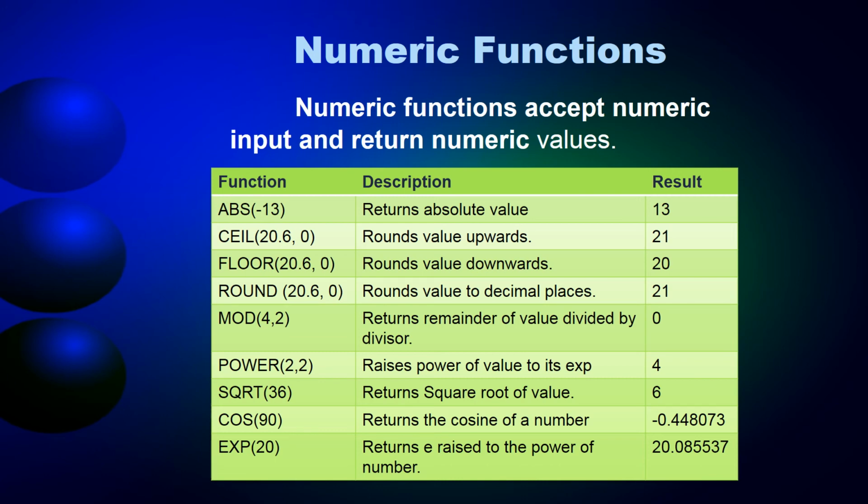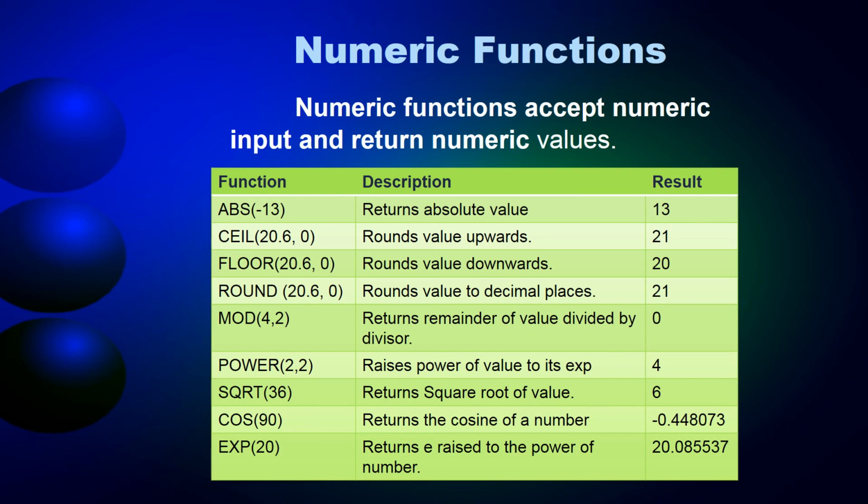MOD of. It will return the remainder of one expression divided by another expression. For example, mod of 4 comma 2 will return 0 as the result, as the remainder is 0 for 4 divided by 2.